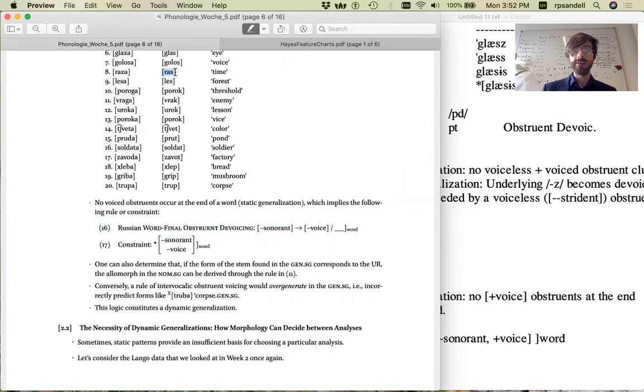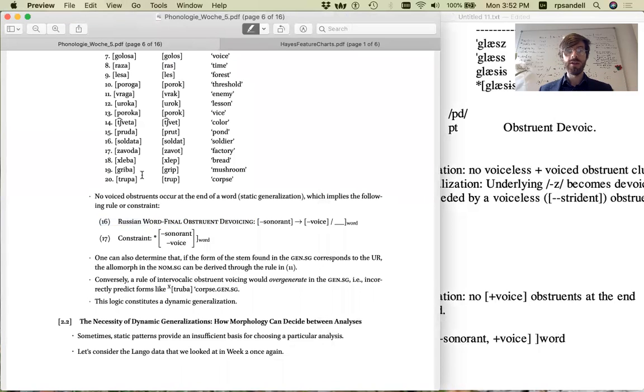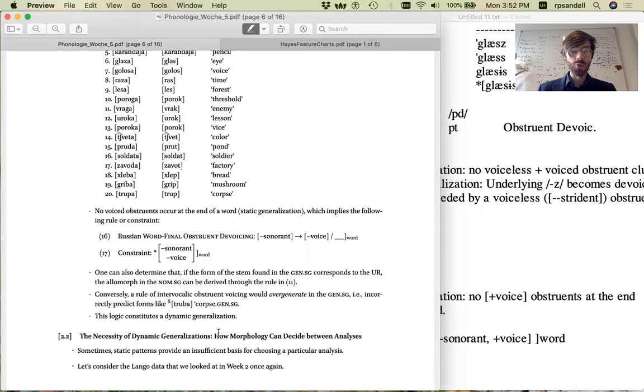So the form ras in the nominative singular could be derived through word final obstruent devoicing. And as we hopefully talked about in the exercise session, in the Übung last week, a rule of intervocalic obstruent voicing would over-generate the facts in the genitive singular. So it would incorrectly predict the existence of forms like truba with a voiced ba in the genitive singular.